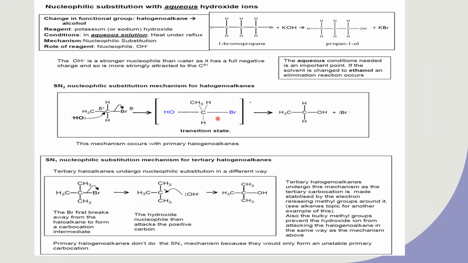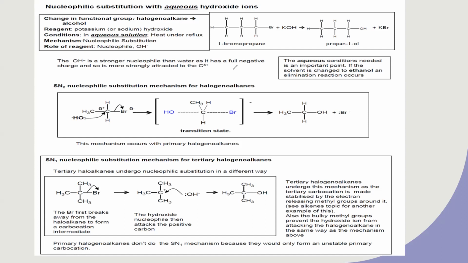How will this reaction occur? It also depends on the type of halogenoalkane. If it is a primary halogenoalkane, then it will undergo an SN2 reaction. And if it is a tertiary halogenoalkane, then it results in an SN1 reaction.